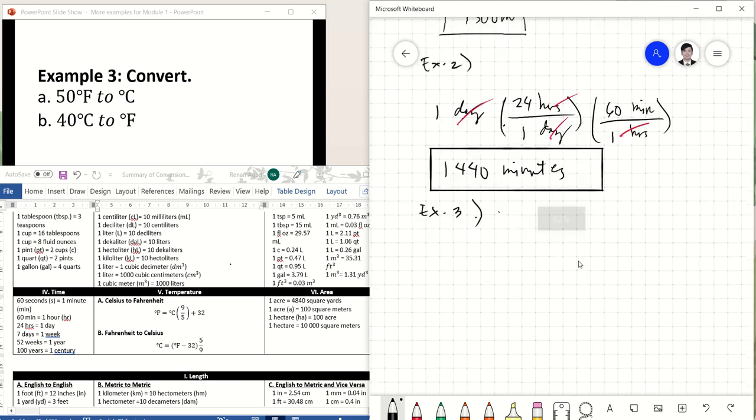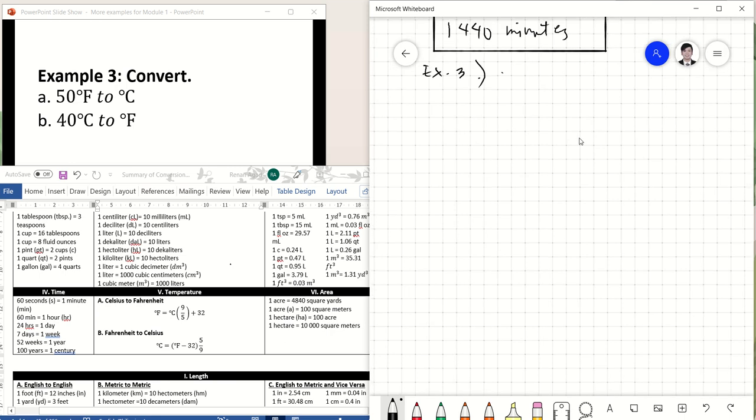In A, you're asked to convert 50 degrees Fahrenheit to degrees Celsius. That means you're converting Fahrenheit to Celsius. And the formula is Fahrenheit minus 32 times 5 over 9.